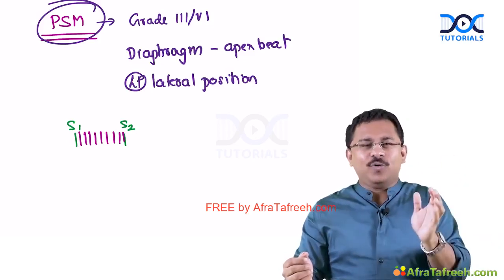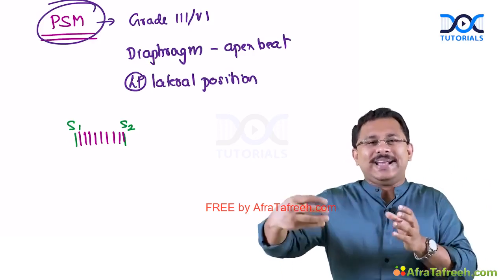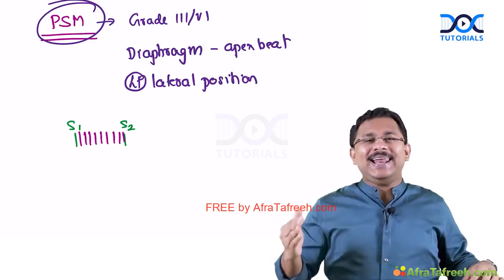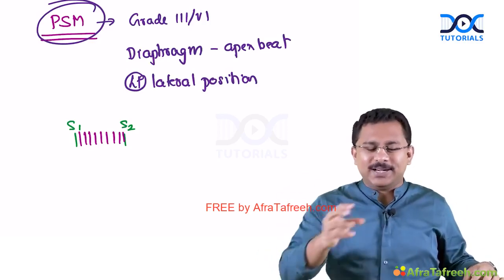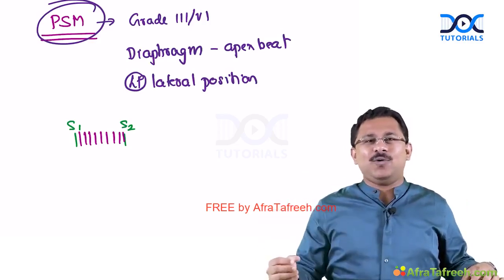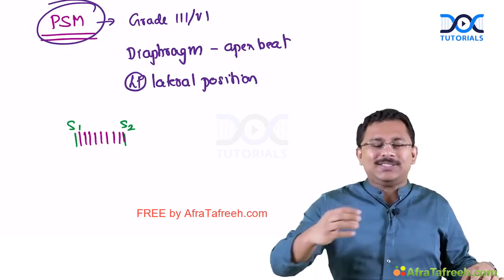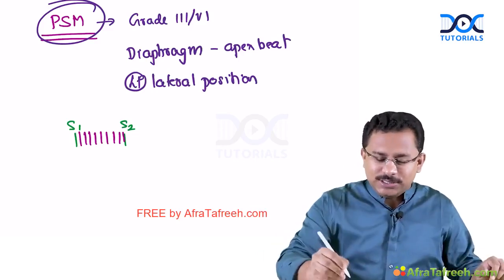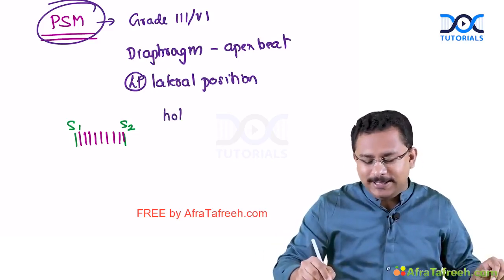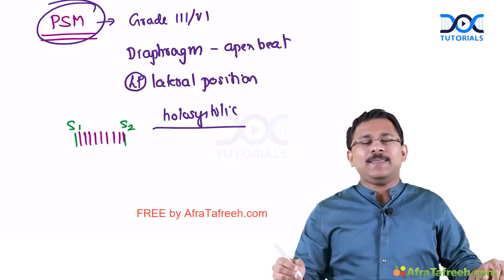And this flow continues into the S2 until the LA pressure exceeds the LV pressure. Because as long as you have the pressure difference, there is a regurgitant flow. And because it is constant, this is why you get a pansystolic or holosystolic murmur with the same intensity.